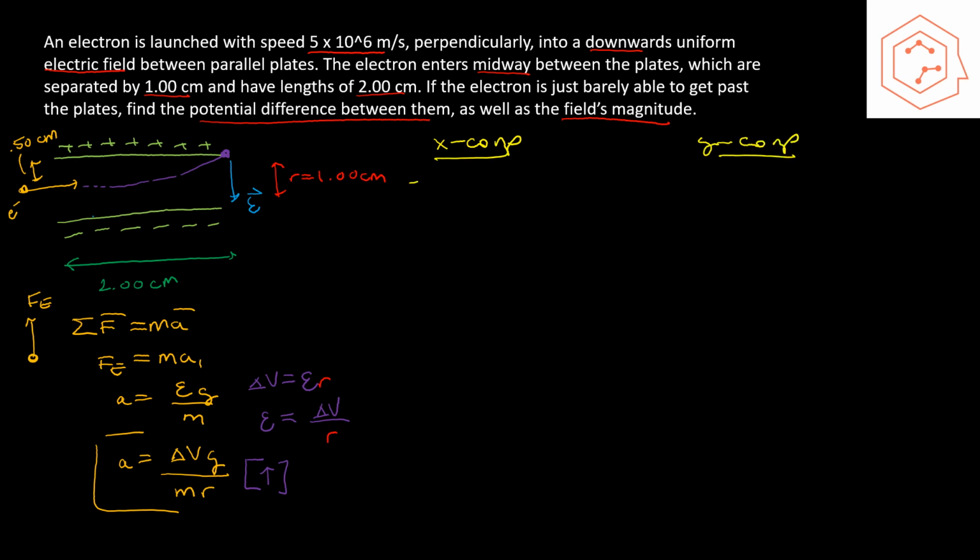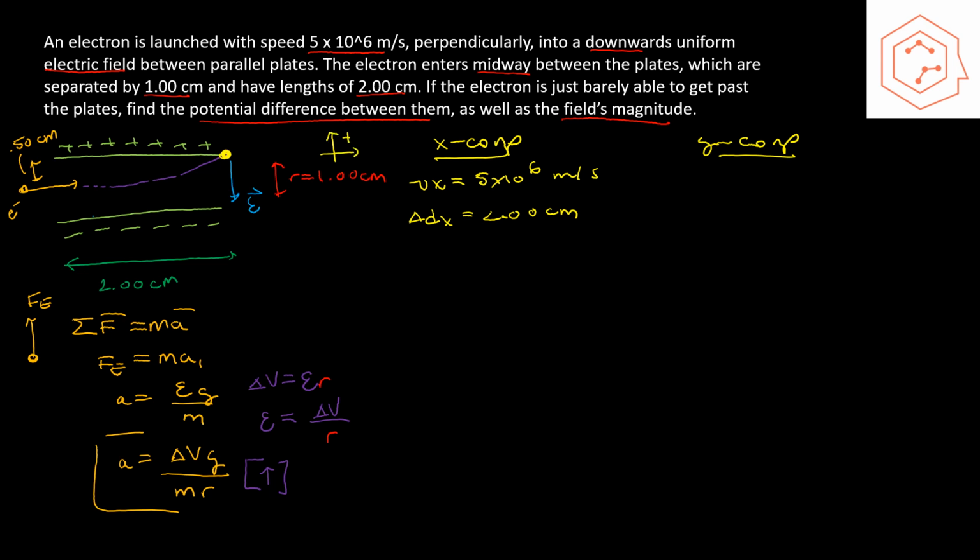In x, we have Vx equals 5 times 10 to the 6 meters per second, and delta dx is equal to this full length of 2 centimeters, since you can consider this point as when the projectile touches the ground. Of course, our reference is up as positive and to the right as positive.